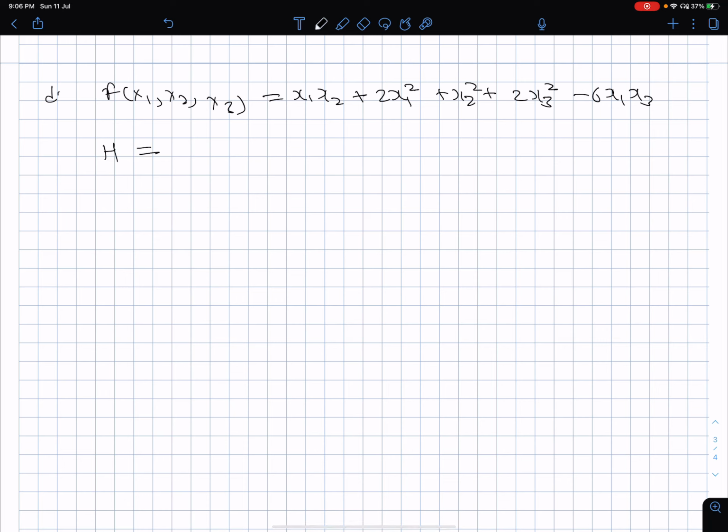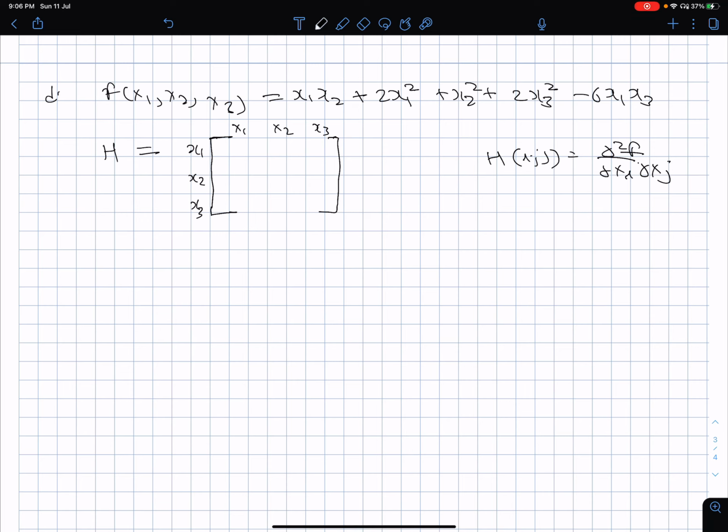For a quadratic function like this, I am going to calculate it directly now by inspection. That is more straightforward. You can imagine x1, x2, x3 here and x1, x2, x3 here. So this tells you that Hij should be calculated once with respect to xi and once with respect to xj.